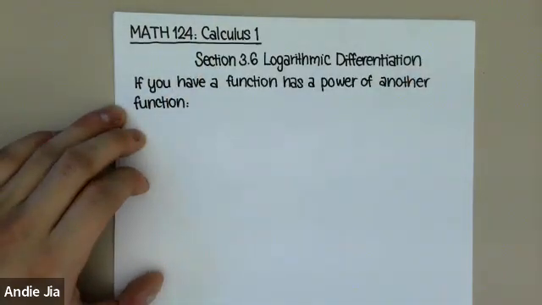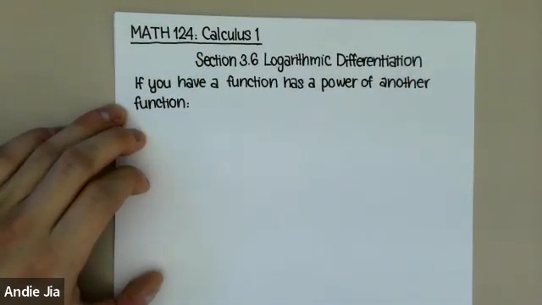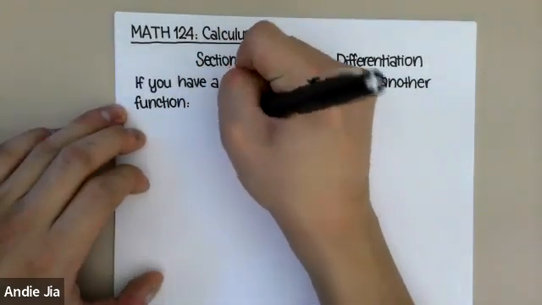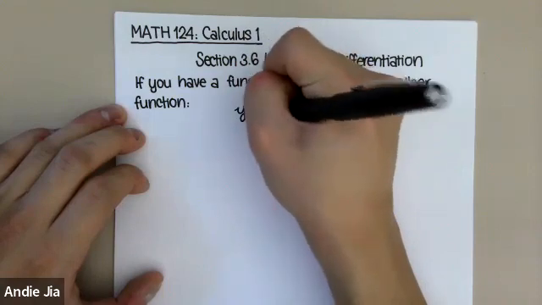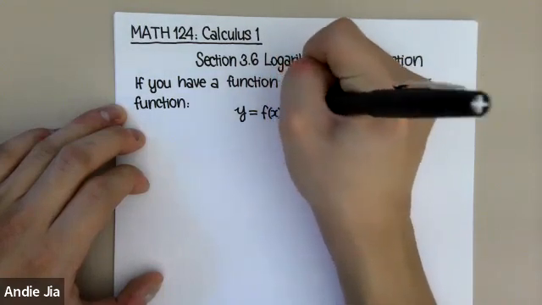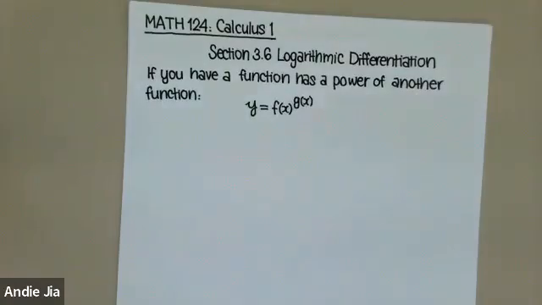For example, if you have y equals f of x to the power g of x, so y equals f of x to the g of x, then what would you do?